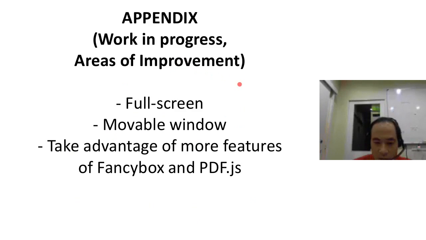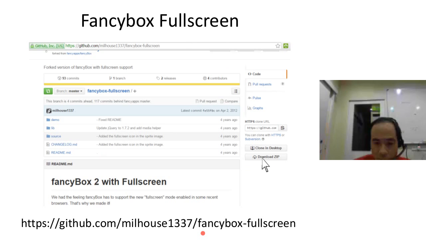Currently, I could only get it static in the center of the screen, as full size as possible. And then Fancy Box and PDF.js have many features as well. This is a sample GitHub page where they managed to add a full screen icon to the Fancy Box window itself.